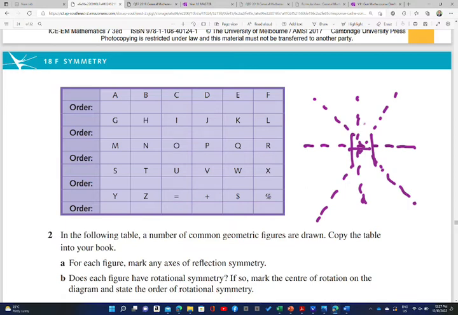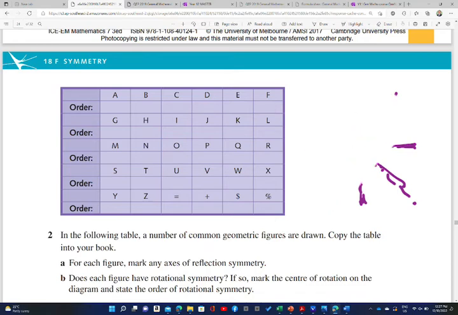Anything else? Nope. Those are the axes of symmetry. Which tells you that each one of those is how many degrees? 45 degrees. So therefore it has rotational symmetry as well. How many times would it take for me to rotate it around and get back? 8 times. So rotational symmetry order 8. Good job. All right.